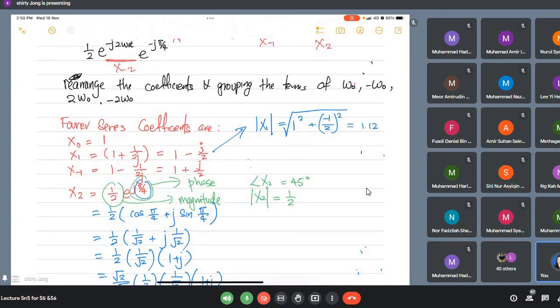Whereas for the phase, you use the formula inverse tangent of 0.5 divided by 1. So what do you get? Minus 26.5 degree.